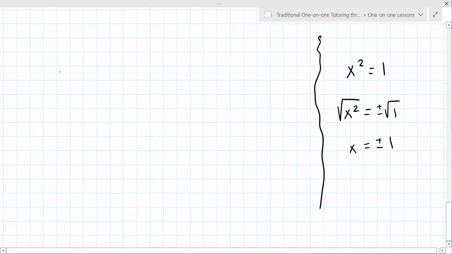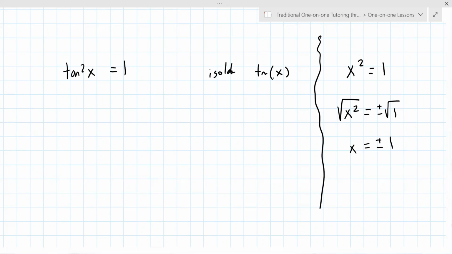So if I give you a problem like this, if I say tangent squared x equals 1, how do you isolate tangent of x? How do you get tangent of x to be by itself? Square root both sides.